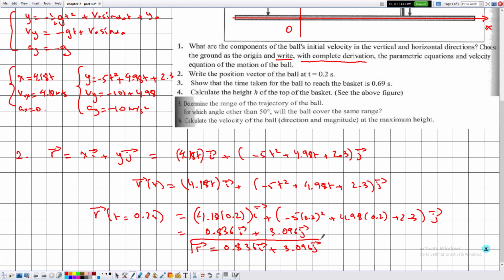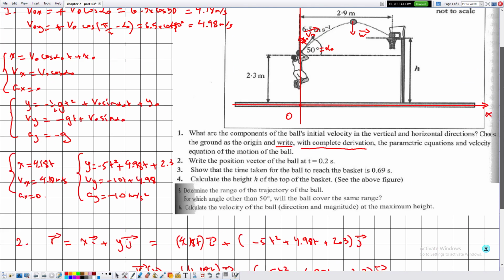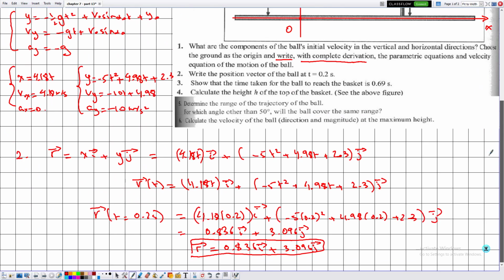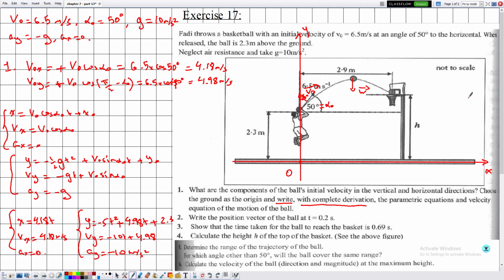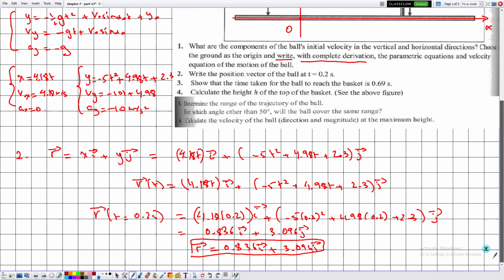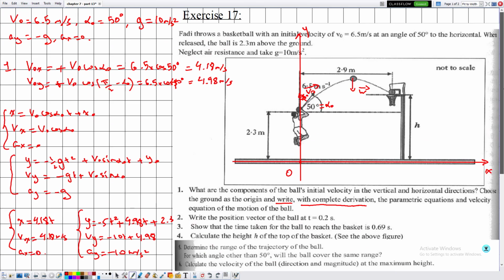So what does this position vector tell us? It gives us the position of the point with respect to the origin. So at the instant t is equal to 0.2 second, the values are given by 0.836. Let me write them down here.